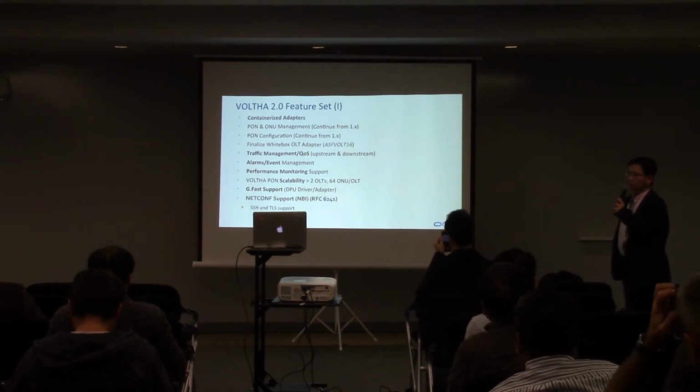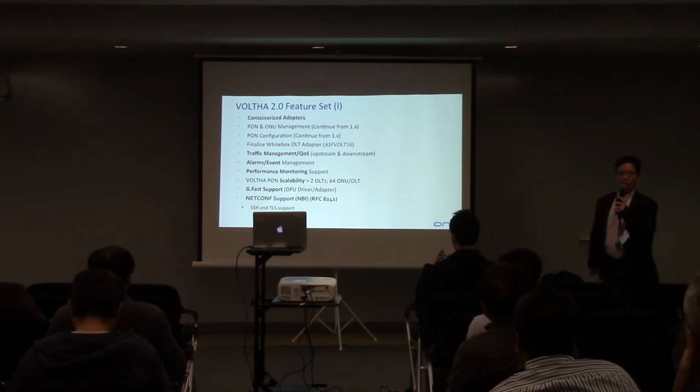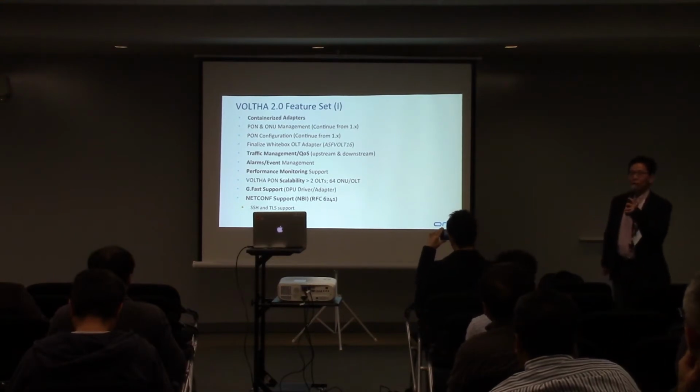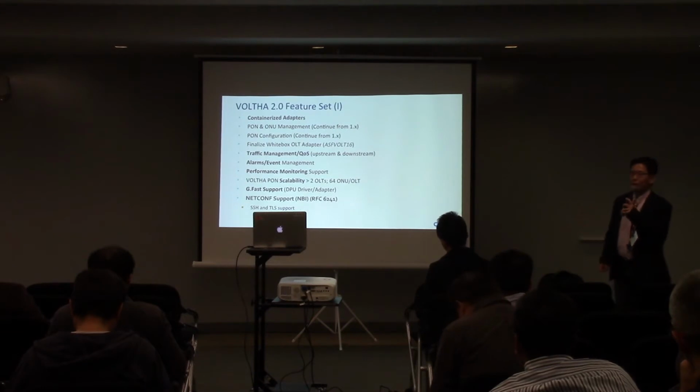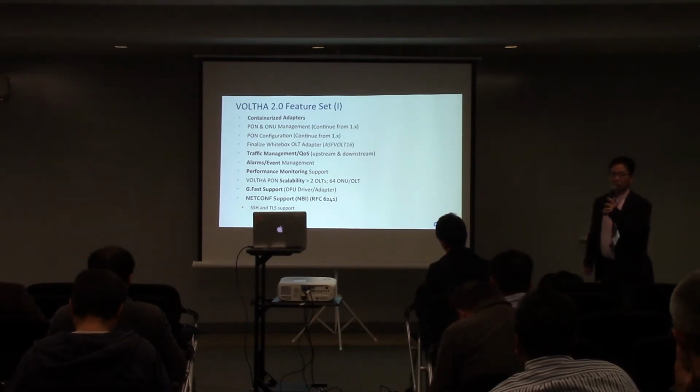Basically we separate the OLT and ONT adapter away from the VOLTHA core, so that will enable an independent development track and remove the dependency between the adapter and the core.